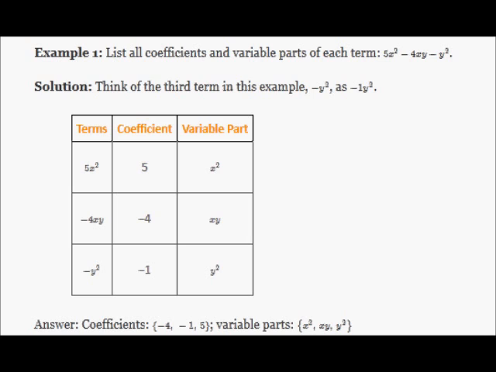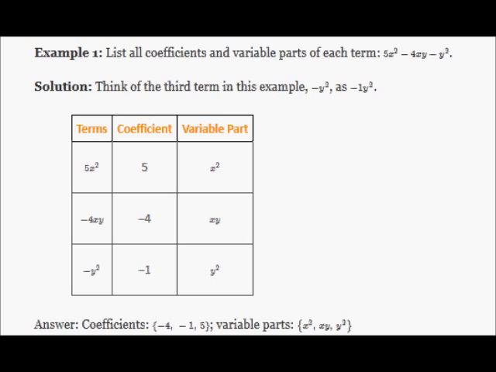But in this case, just to make it more obvious what the coefficient is, we're going to write it as negative 1y squared. So the terms are 5x squared and negative 4xy and negative y squared.